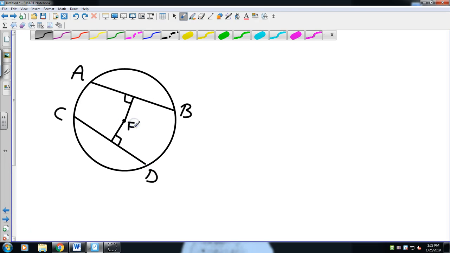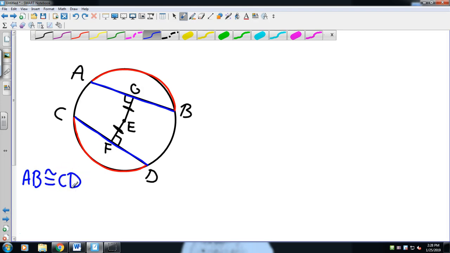And we'll call this E, F, and G. Okay, so if the chords are equidistant from the center, so let's say that EF is congruent to EG, then chord AB and chord CD are equal because AB and CD would be equal. So AB would be congruent to CD.